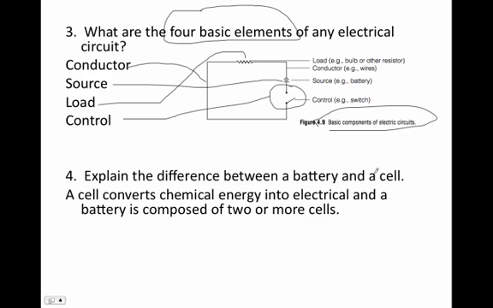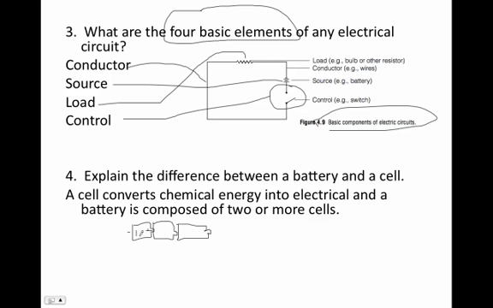What's the difference between a battery and a cell? We talked about that before. There's a couple ways we can hook up cells to make a battery. One, if we line them up this way, so that this is the negative end, this is the positive end, and we keep lining them up like this, we can add the voltages.